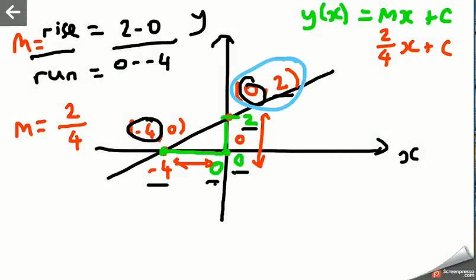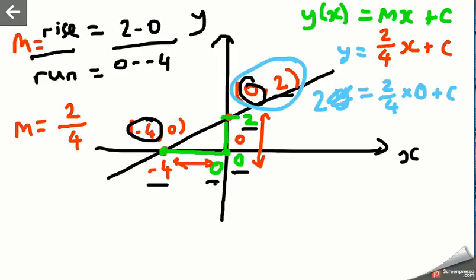So we know that when x is equal to 0, y is equal to 2. That's what the point 0, 2 being on the line means. When we put 0 into our function, we get 2 out of our function. And therefore, we have that y equals 2 over 4 x plus c. That tells us when x is equal to 0, y is equal to 2 over 4 times 0 plus c, and when x is equal to 0, y is equal to 2.